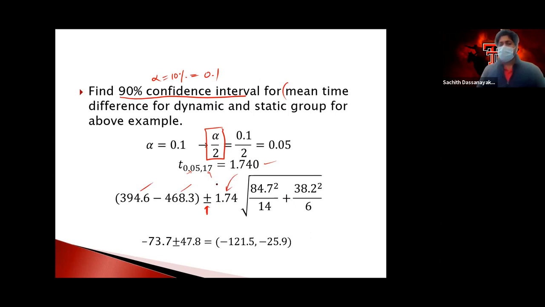Take care of the sign here, so you don't have to worry about negative and positive. And this is your s1, n1, s2, n2. Then you can find the corresponding confidence interval. This is your 90% CI for the mean difference they have mentioned.